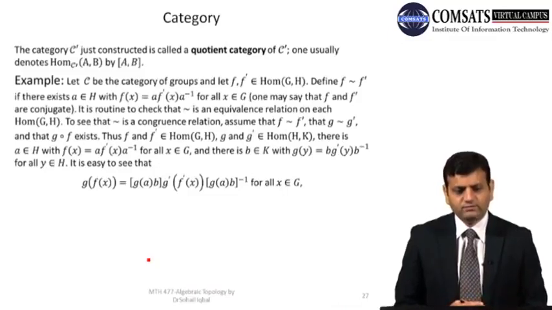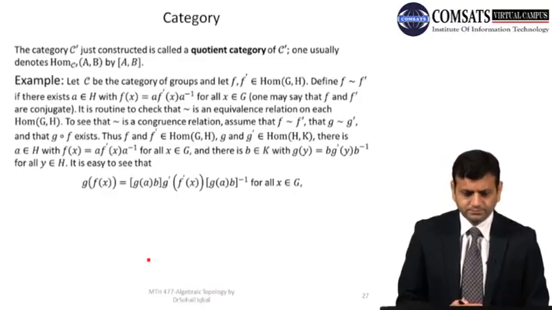The category C prime just constructed is called a quotient category of C. One usually denotes Hom of C prime from A to B by [A, B] in brackets. Let's consider an example.